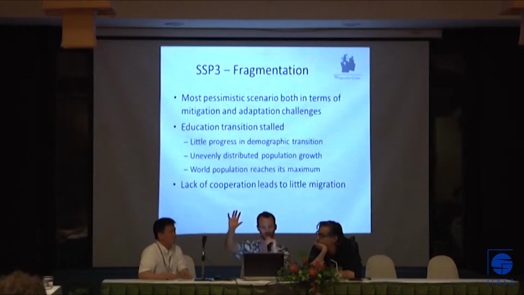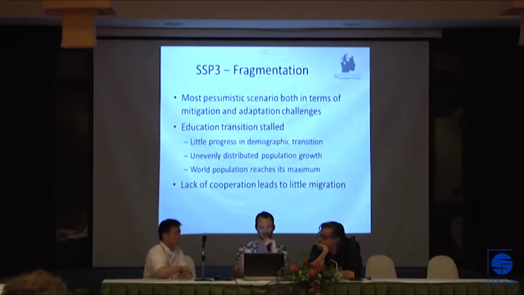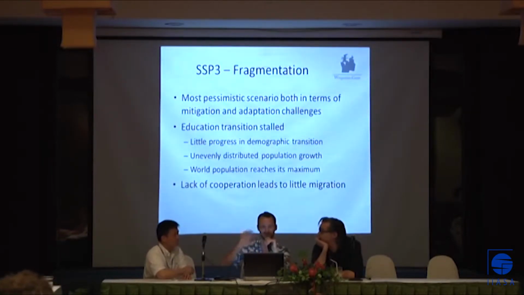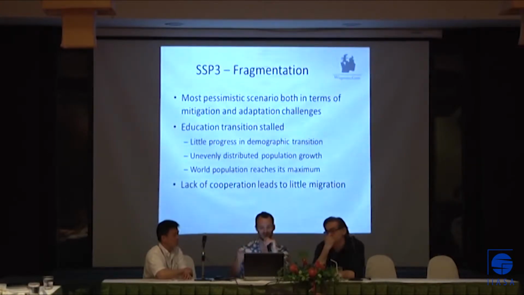If we look at the upper right corner of the picture I just showed you, we have SSP3, which is like the extreme other end. So this is the most pessimistic scenario, also called fragmentation, because in this scenario we experience a very divided world, where both the mitigation and the adaptation challenges are maximized in comparison to the other scenarios. And this is also a consequence on the demographic side of a stalled education transition.